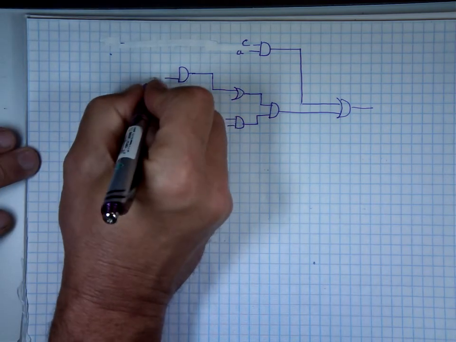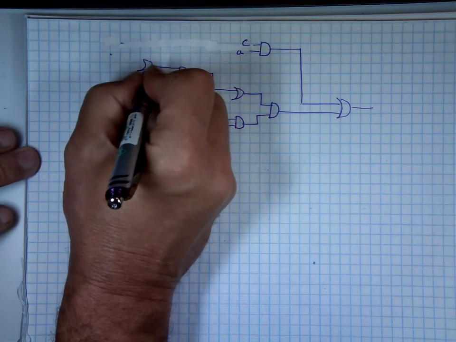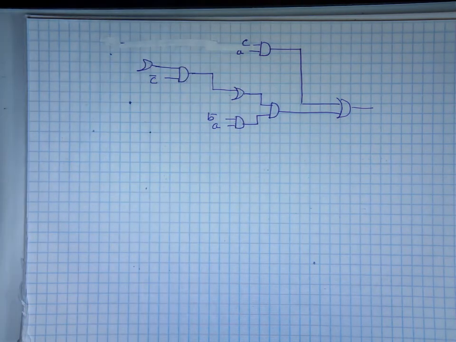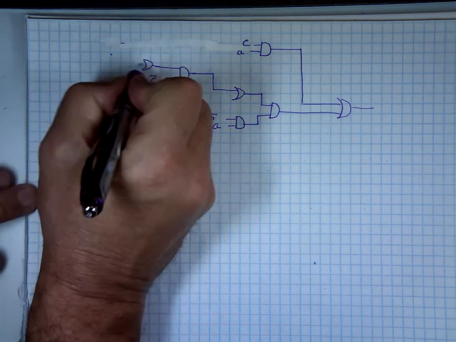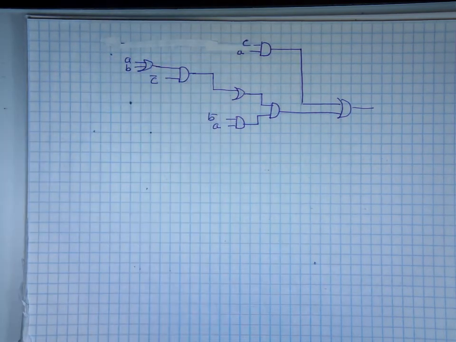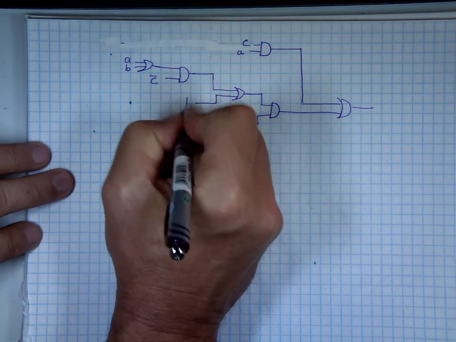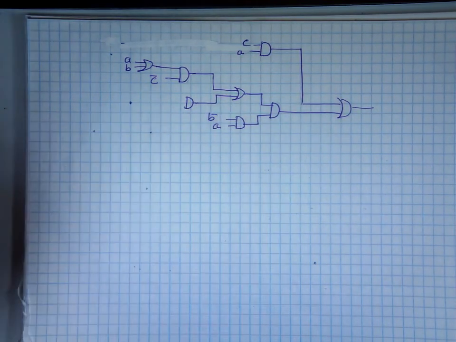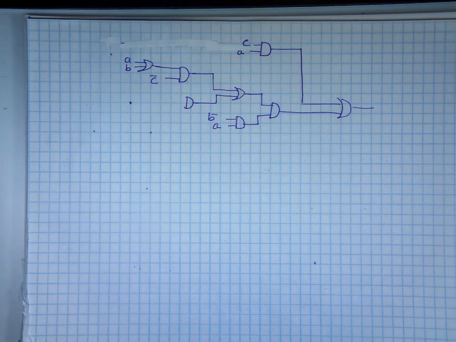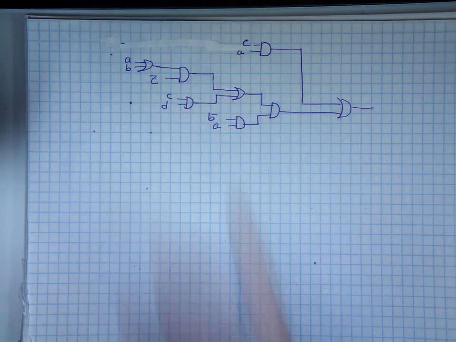The other one is another OR gate, and attached to it A and B. And what else is attached to the OR gate? Another AND gate. And I should be done with this, C and D. And that's my function F.